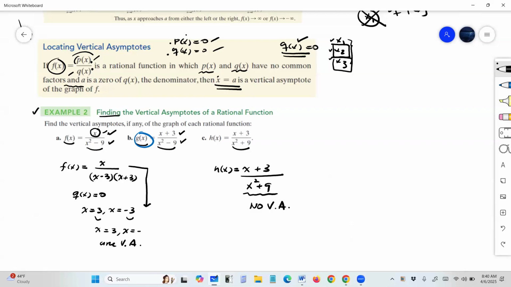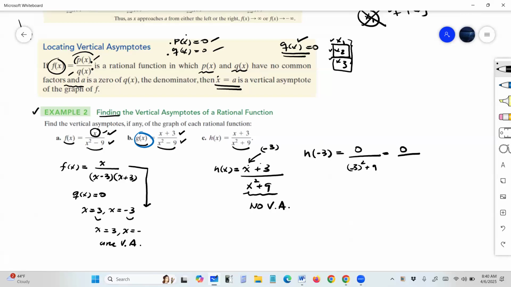Okay, obviously, if you put -3 here, you get a 0, but you get a 0 in the numerator. So when the function is at -3, I have 0 in the numerator, right? -3 plus 3 is 0, but the denominator is -3 squared plus 9.